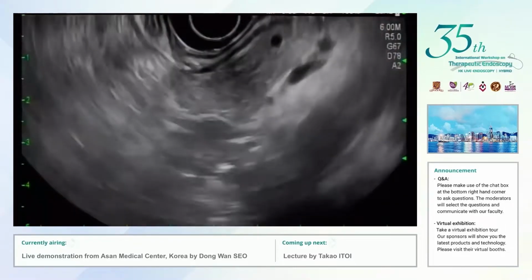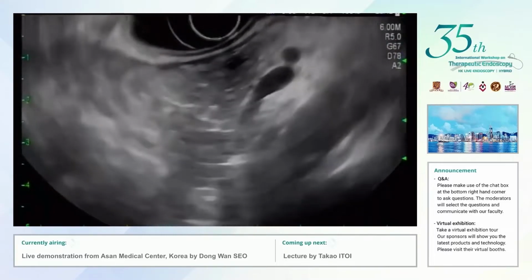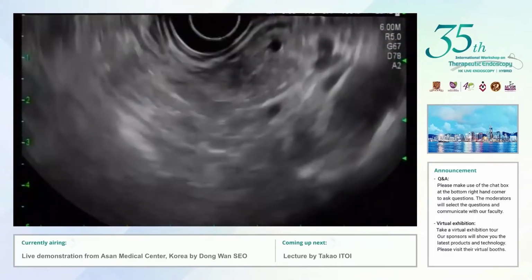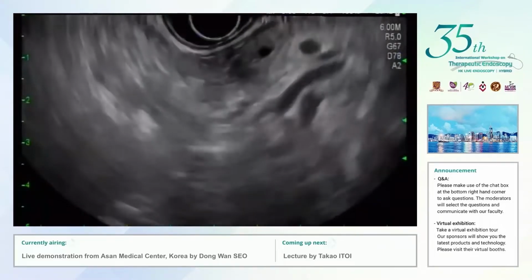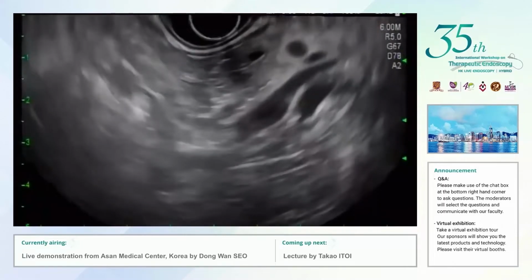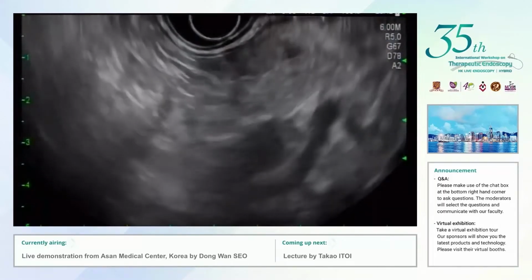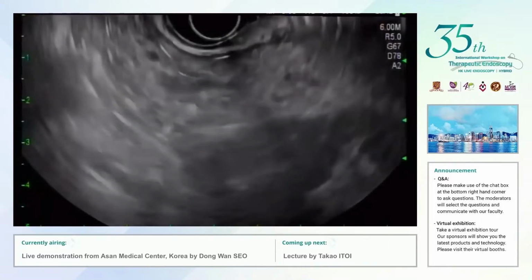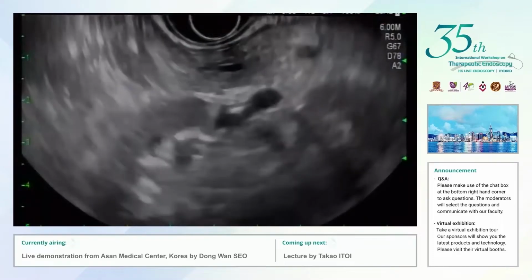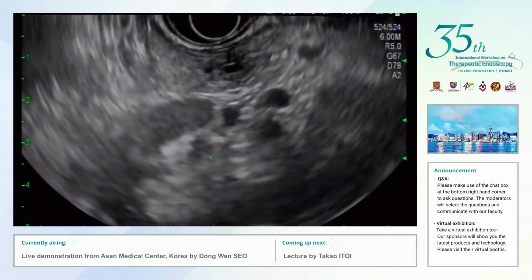And I will try to trace from body to tail area while rotating my scope clockwise. Like this, we can see several vascular structures behind the pancreas, and also the pancreatic duct going through the pancreatic parenchyma here. Down here is the left kidney, with the calyx system, cortex, and the renal vessels here.